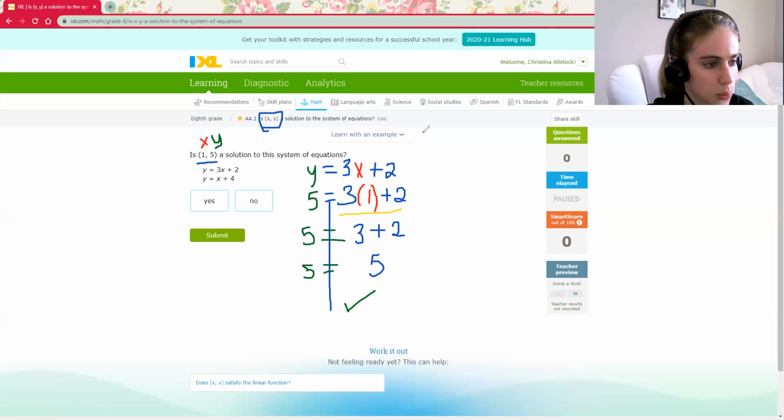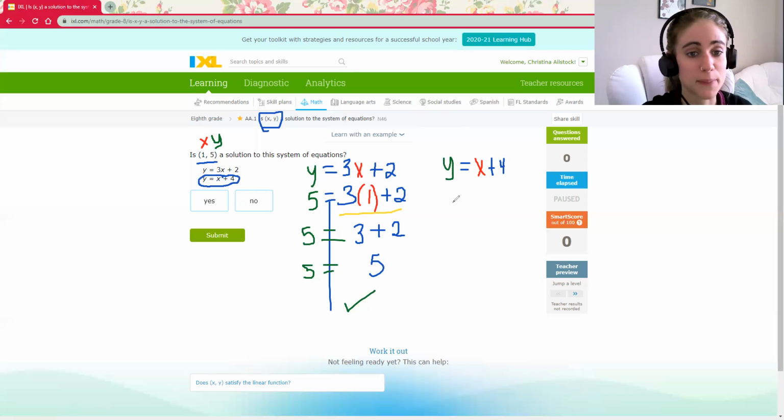Our second equation is y = x + 4. And that's right here, guys. That's the second equation. But I'm using the same ordered pair, so I'm going to substitute 5 in again for y and 1 for x.